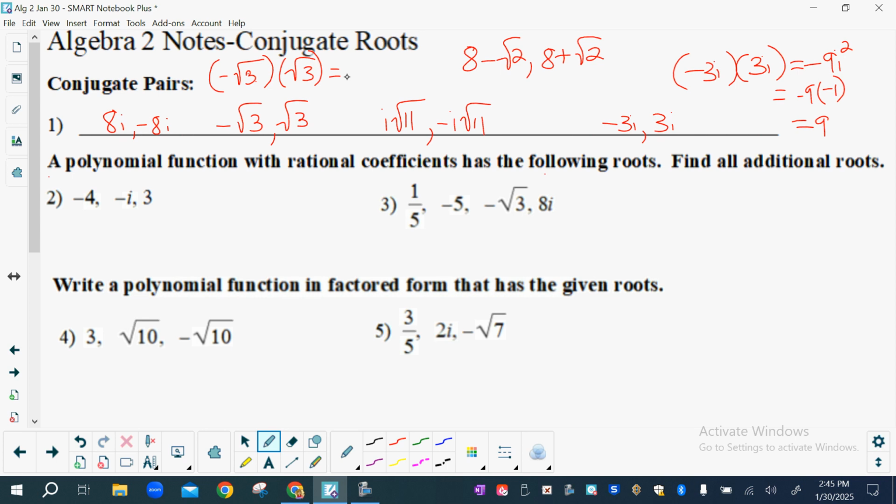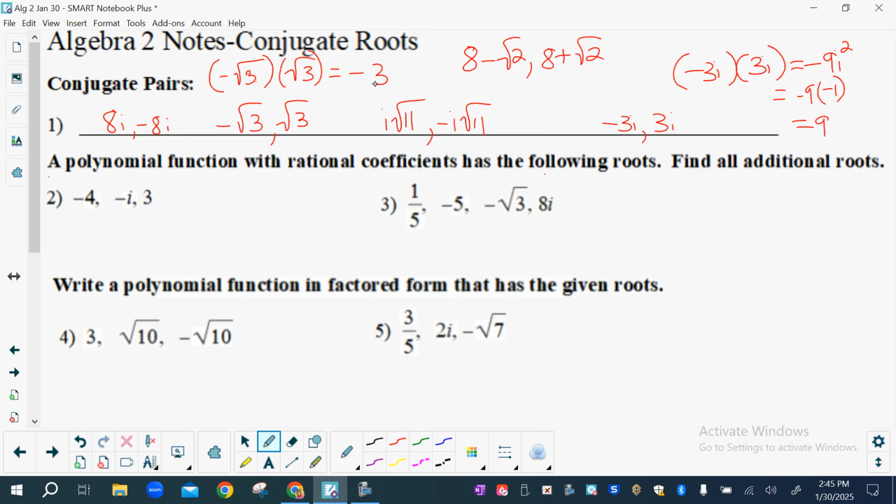Since it's a positive and a negative, this is going to give us negative 3. You might have thought in your head negative square root 9, because you can multiply the 3 and 3, but square root 9 is 3, so it's equal to negative 3. So notice that the square root goes away. That's what makes them conjugates.